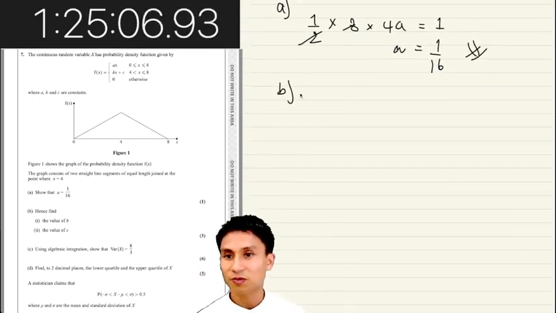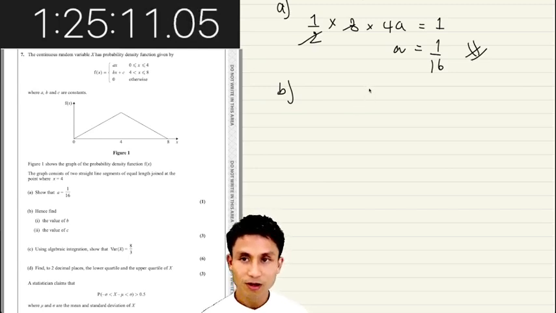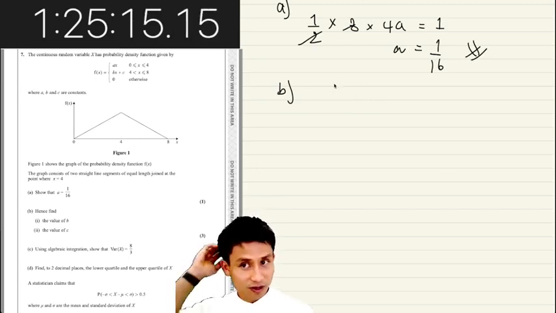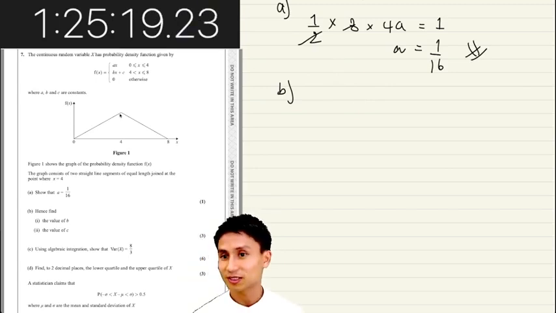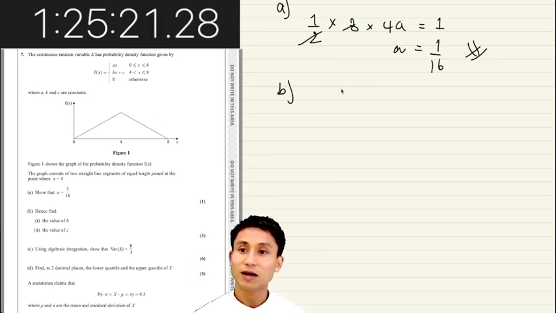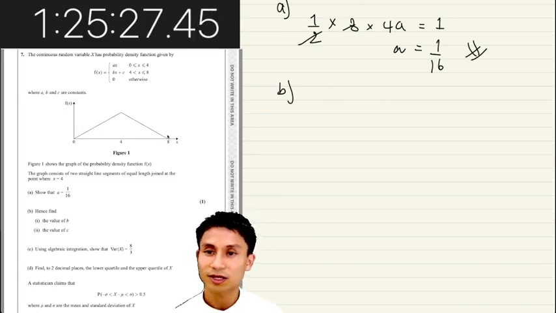Hence find the value of b. We can integrate as well. The area of the first part is already half, because this is symmetrical.